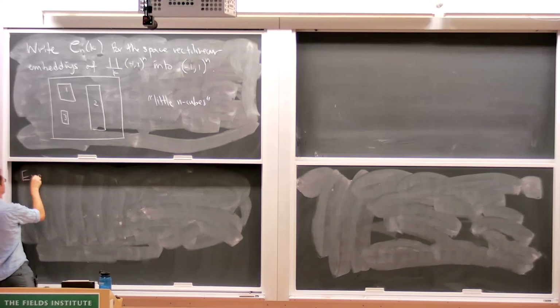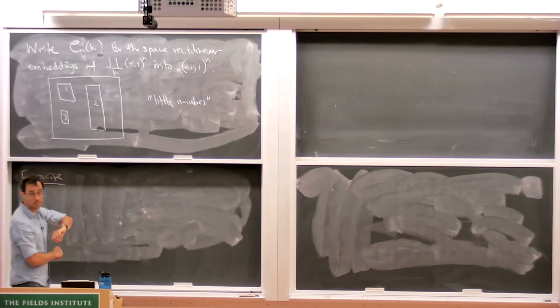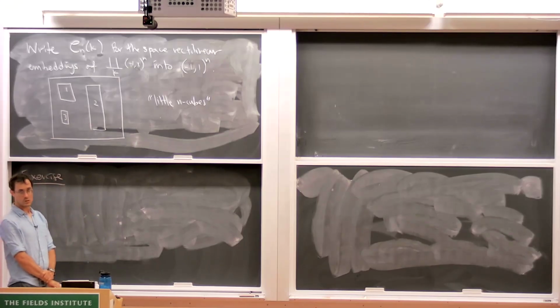And the exercise, which shows their connection to configuration spaces, is that if I have a little cube, then I can evaluate at the center of each one of them, and that gives me a configuration. Right?